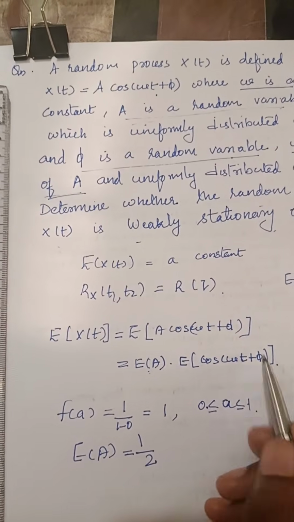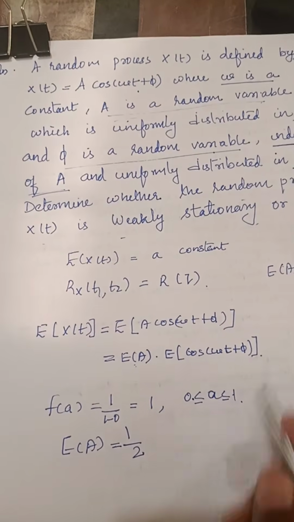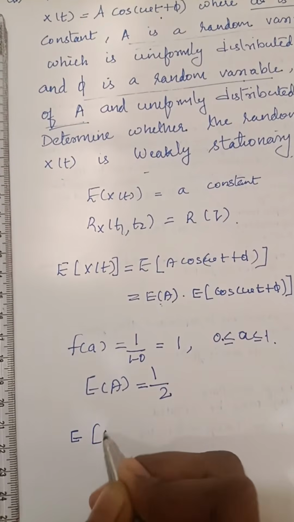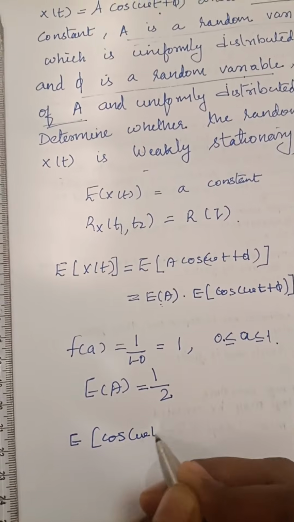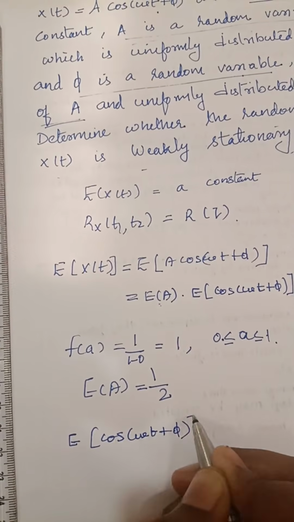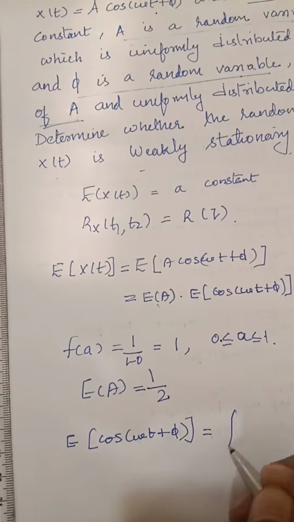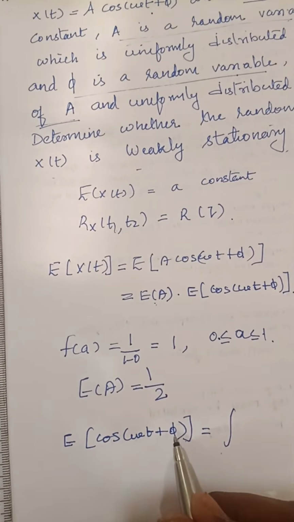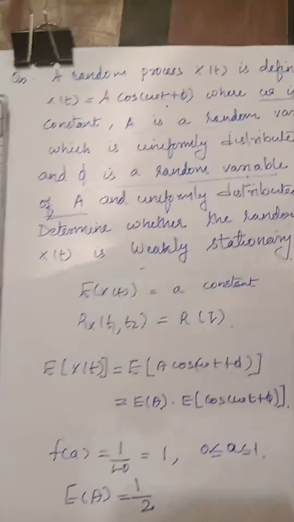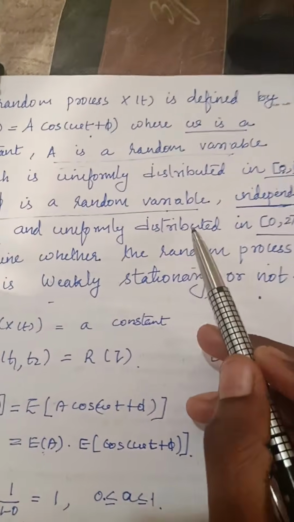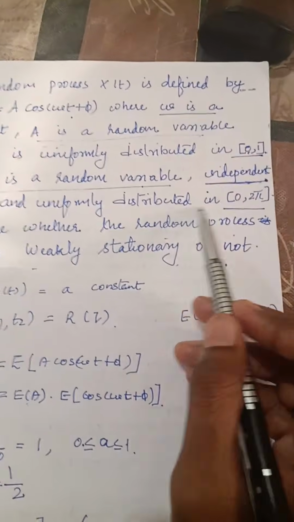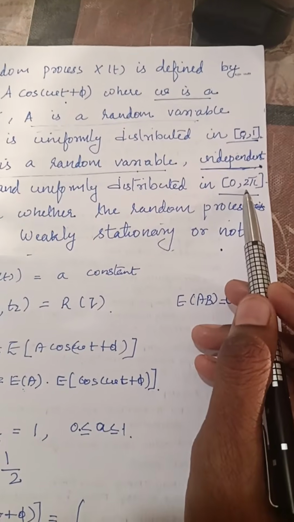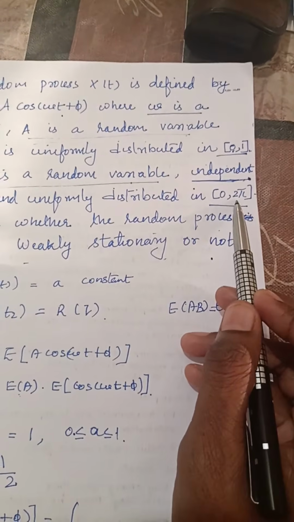Now we have to find expectation of cos(omega t plus phi). Let us see what it is, which is equal to an integral. What is the distribution of phi? Phi is uniformly distributed, so the distribution of phi is uniform over 0 to 2 pi.